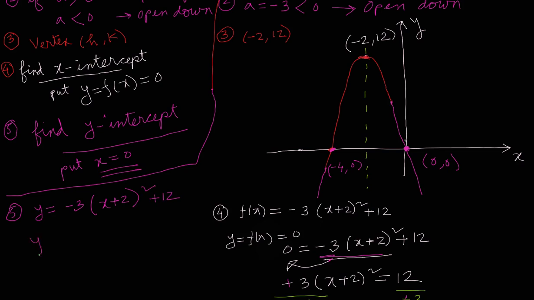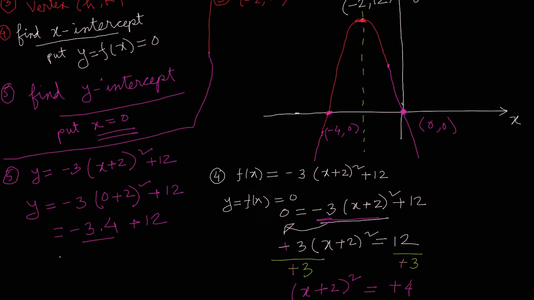So what I get is y equals -3, and this time x is 0, plus 2 square plus 12. So I basically got -3 multiplied by 2 square equal to 4, plus 12. So this is -12, this is +12, so I get y equal to 0.